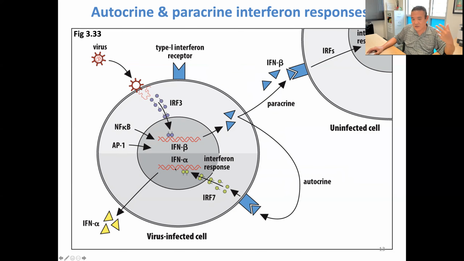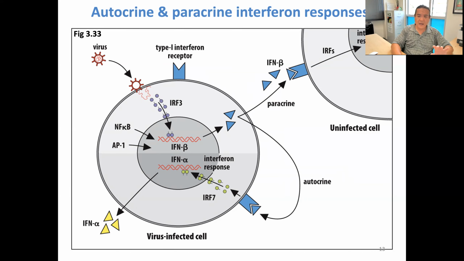And this basically reinforces or encourages the virus-infected cell to really start taking some steps to slow the infection down. And that might be what results then, for example, in the activation of interferon A expression. So interferon A is now represented as these yellow triangles that float off from the cell.